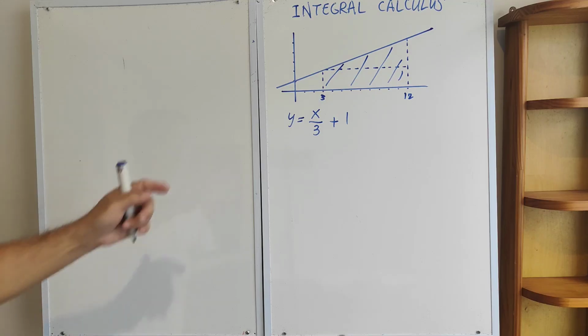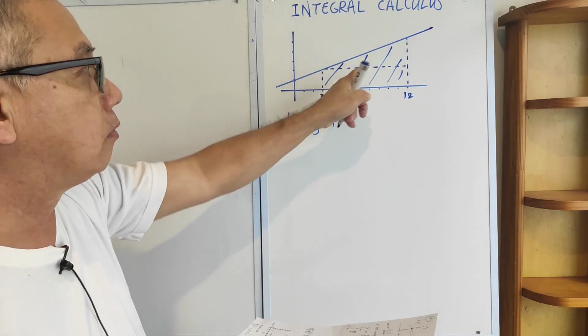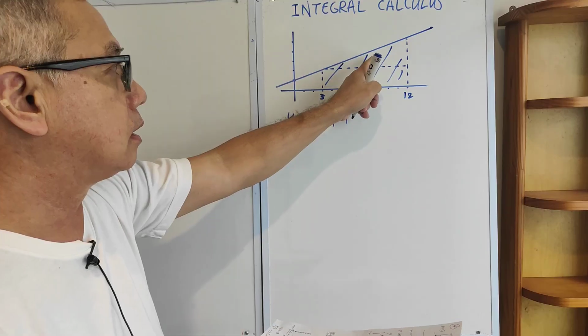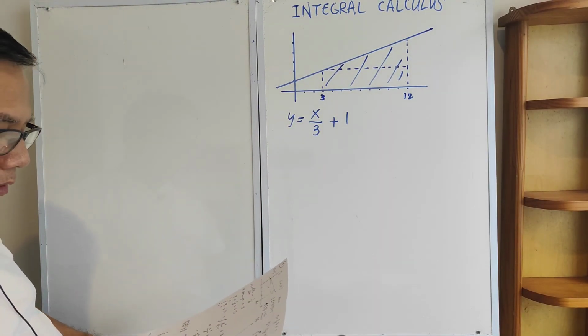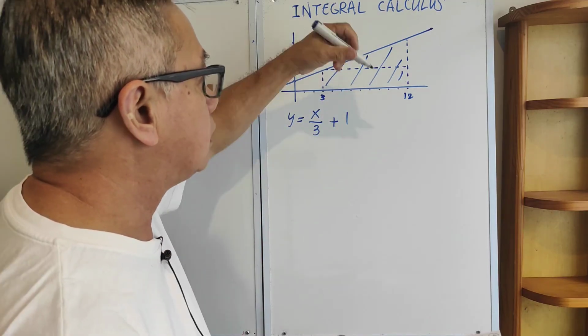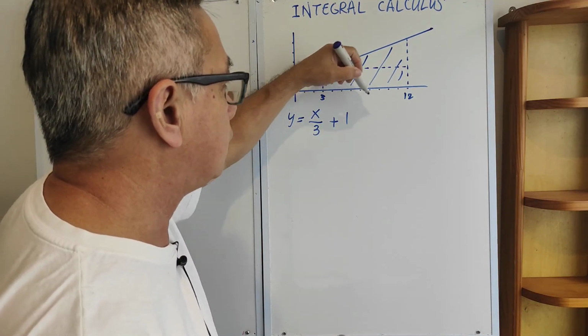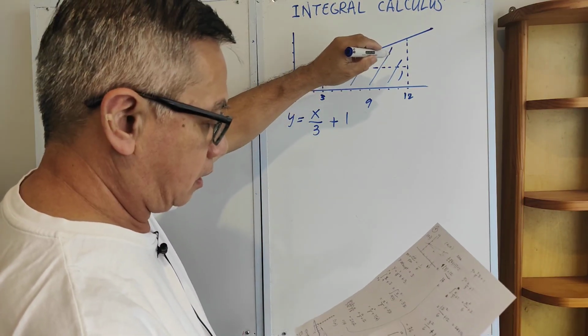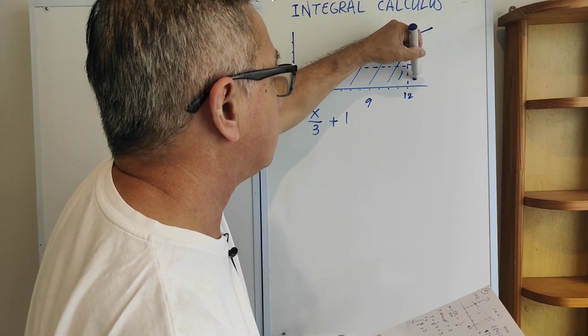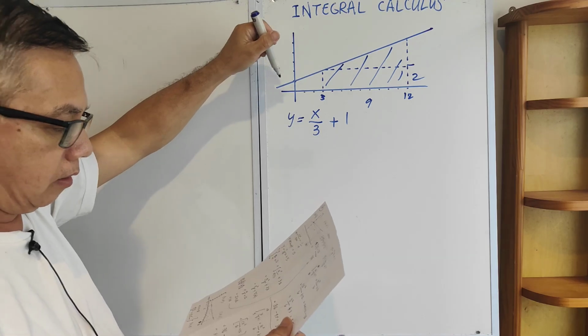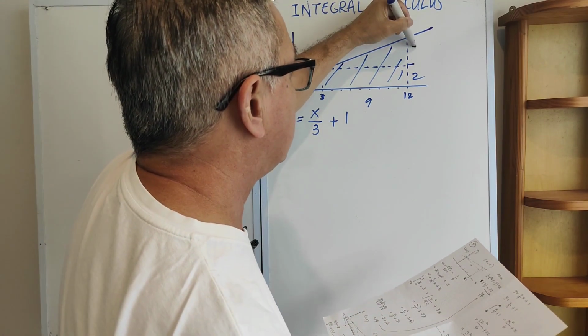So we can compute first the area manually because it's just a triangle and a rectangle. The distance from here to here is 9. From here to here is 2, and then from here to here is 3.